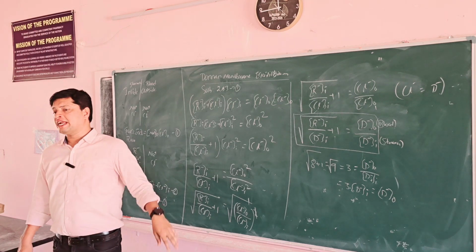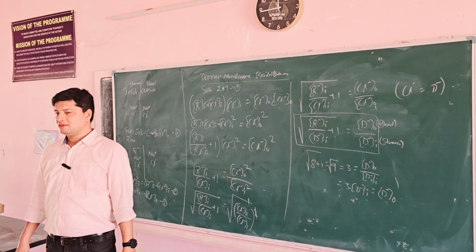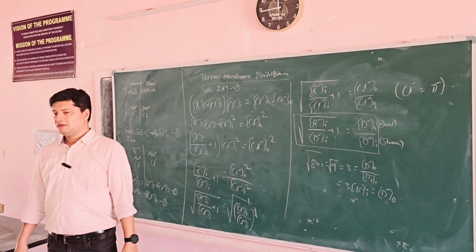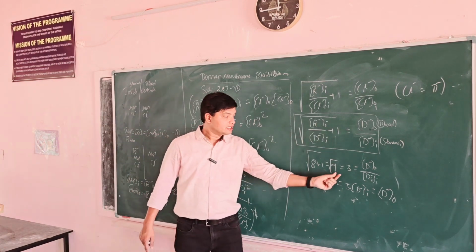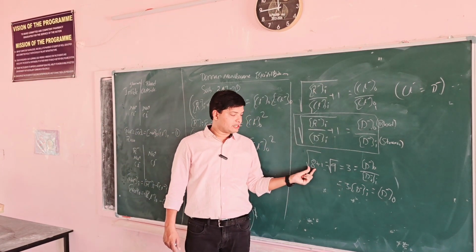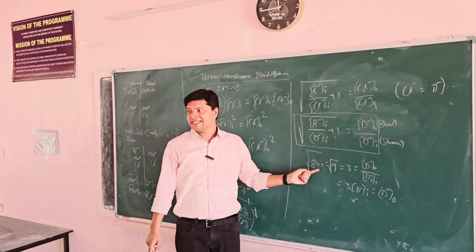Now I want to increase 10 times. How much do I have to take? This value should be 10, so 10 plus 1 is 11. What should I take here? 100. Not 100, 99.